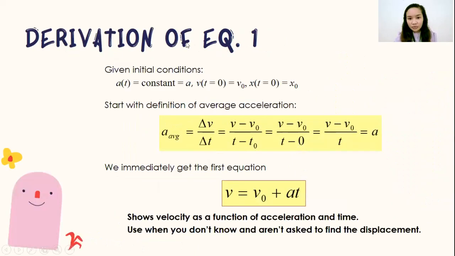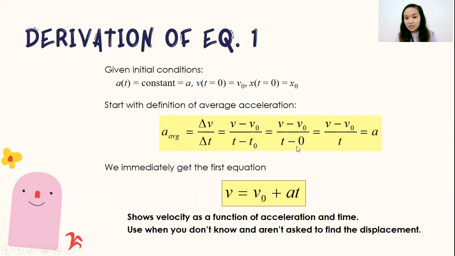For the derivation of equation 1, we have your original equation for acceleration, delta v over delta t. We indicate your final velocity minus your initial velocity. When there is a subscript zero, it means initial velocity. And then your time t minus t naught, or t sub zero, your initial time.